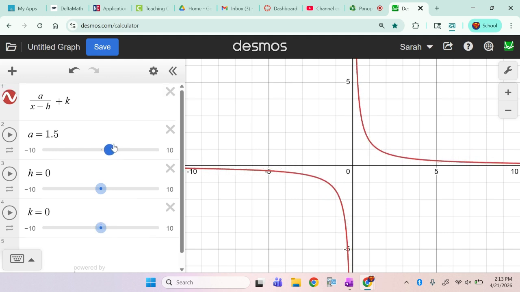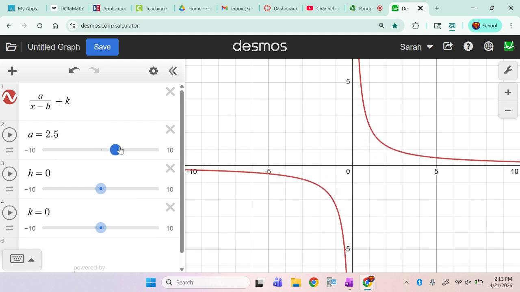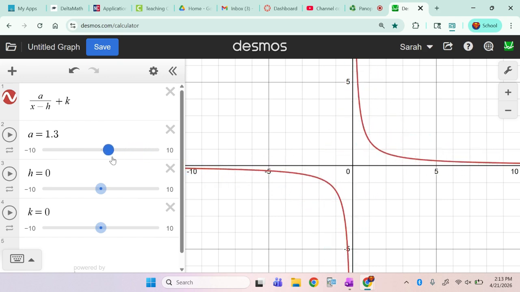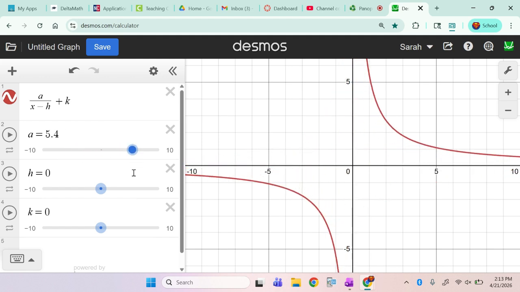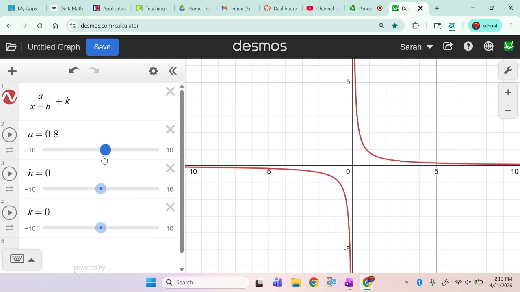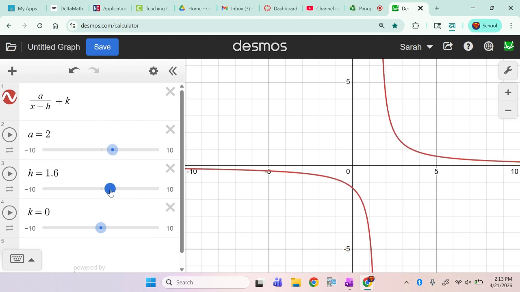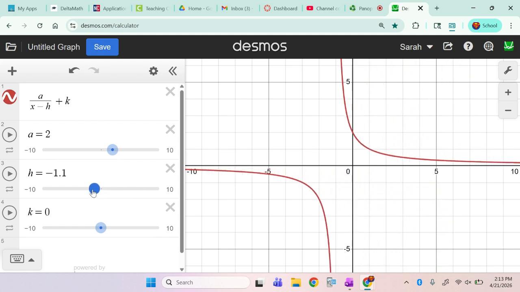So as of right now, this is the parent function. But look what happens when I move a. It starts getting further away from the asymptotes or closer to it, to completely flipping to other quadrants. If I move the h, so I'm going to move this back to 1, or let's do 2, if I move the h, our vertical asymptote shifts.